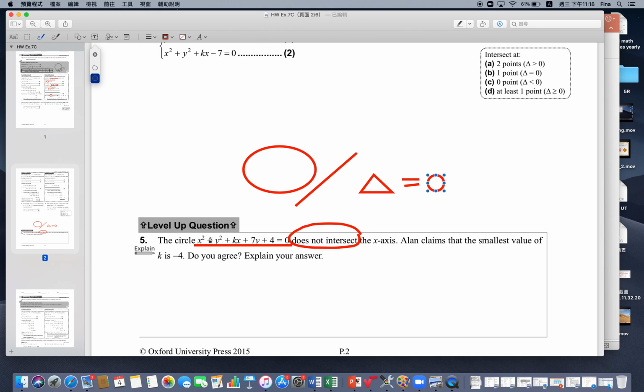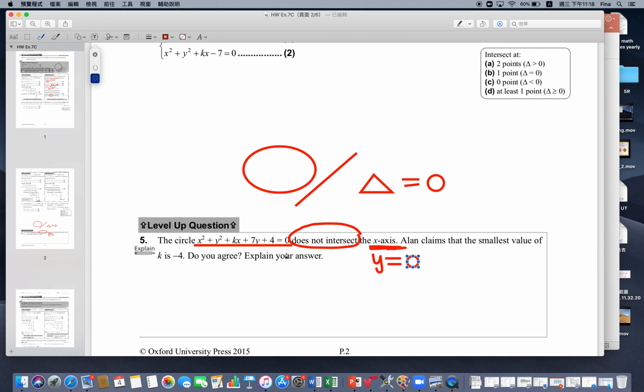Here, I just get the equation of the circle. Then where is the equation of the straight line? Look here, because it is compared with the x-axis. What is the equation of the x-axis? It is y equals to 0.